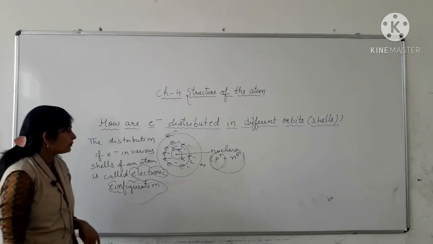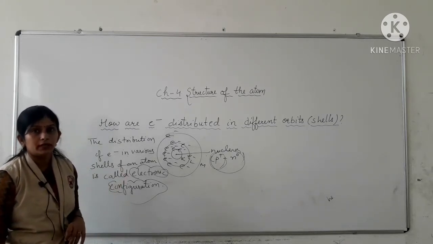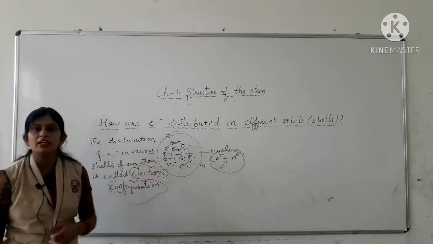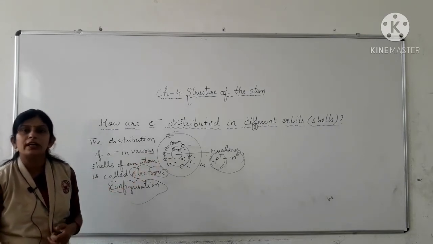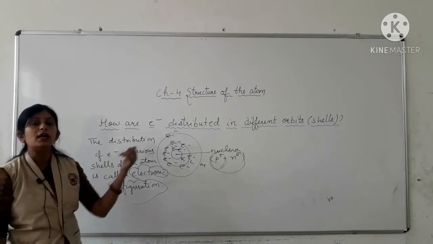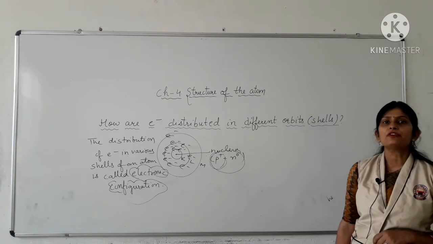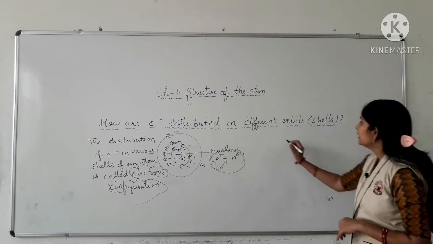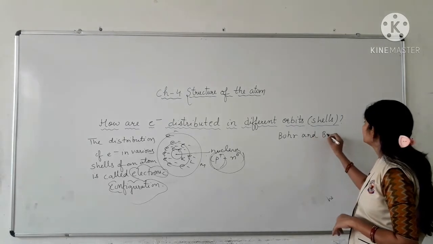Okay, now how are electrons distributed? Their distribution in various shells of an atom is known as electronic configuration or electronic distribution. But how are they distributed in various shells? For that we have to study the rules given by Bohr and Bury.